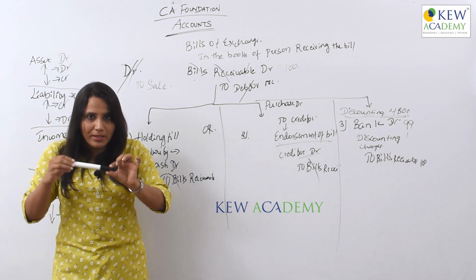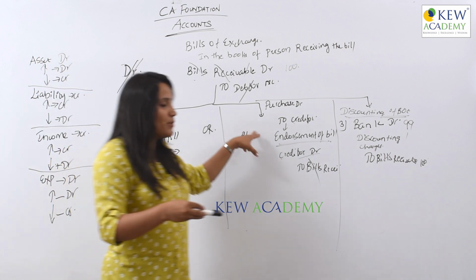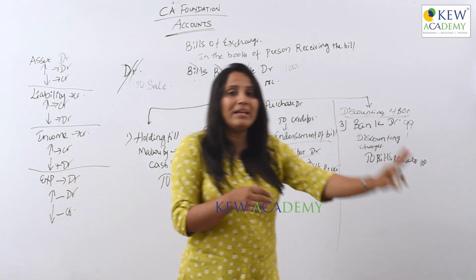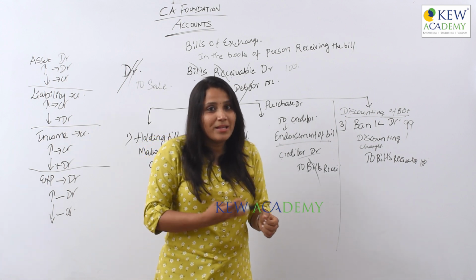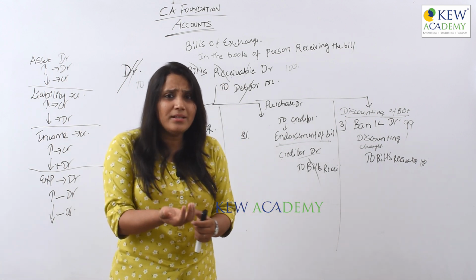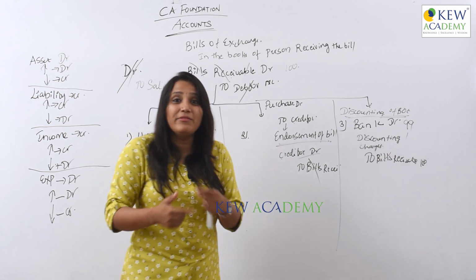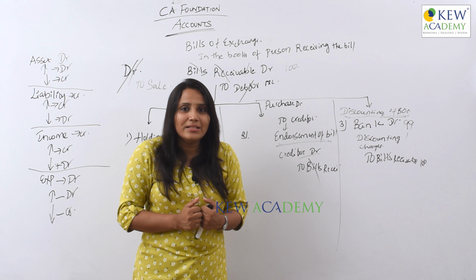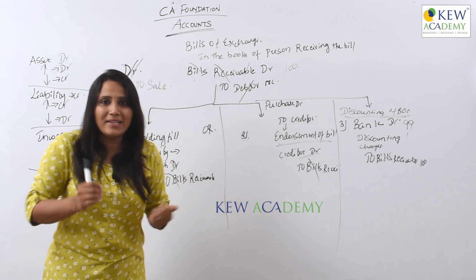Now see, I had the bill. I can hold the bill till maturity. Second possibility, I can give it to my creditors. See, they are adjusting against my payment. Isn't it? I'm making the best use of the bills. Isn't it? It's giving me liquidity. Liquidity means if it is there with the debtor, I cannot do anything, right?